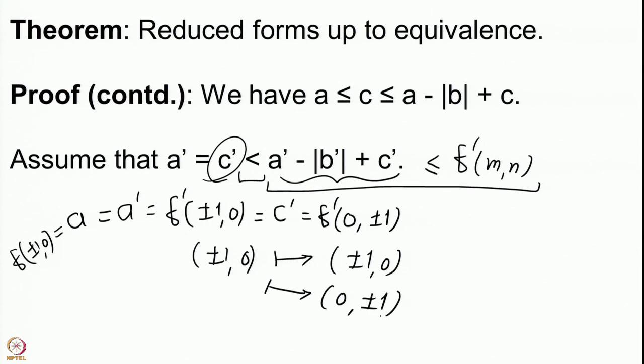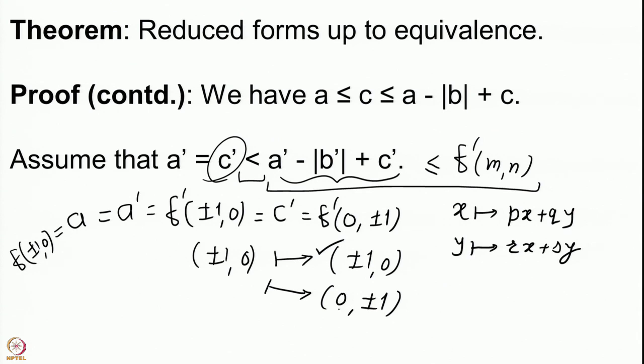By the change of variables which we have allowed, remember x goes to px plus qy and y goes to rx plus sy. So, this change of variables takes the pair plus minus 1 comma 0 to any of these two possibilities. Now, this is a change of variables which we have already studied in the last case.